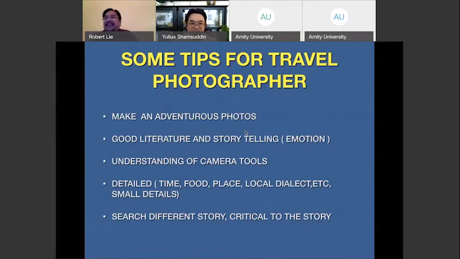Robert. Also, the other question that we might be wondering: have you encountered cases where you are given an assignment to take a picture in certain places and you realize the culture in that place does not allow you to take the picture as the assignment requires? Have you encountered that kind of challenge, and how did you overcome it?